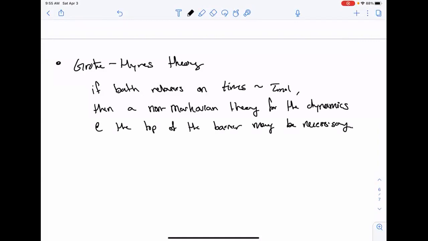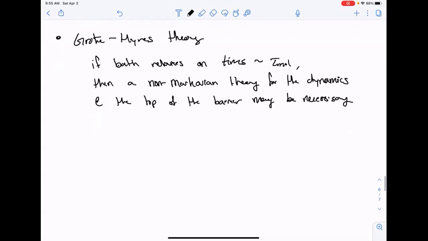So Grote and Hynes, Jim Hynes, worked out this theory in the 80s. They were largely thinking about things like photoisomerization or ion pair dissociation, maybe even electron transfer, things where there was a dynamics in a relevant reaction coordinate which was very fast relative to any slow reorganization of a surrounding solvent.